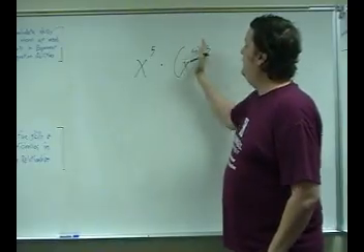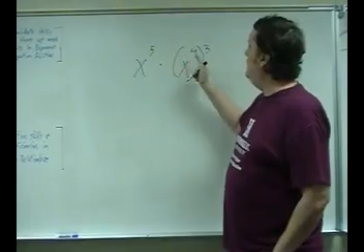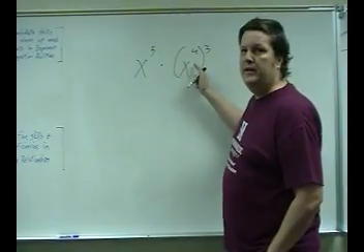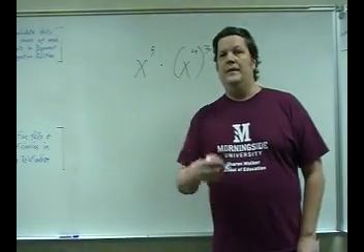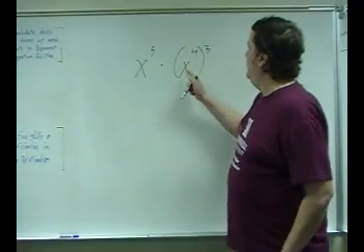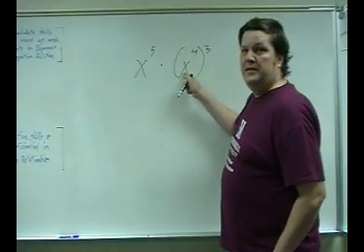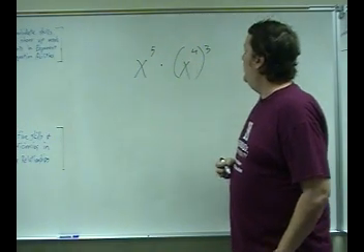This is its own little island. We can't combine these until we know what the exponent is that's attached to the x. The only way that we can use the product of power rule to add the exponents together is if we know what this x has for its exponent. Right now we've got 4.